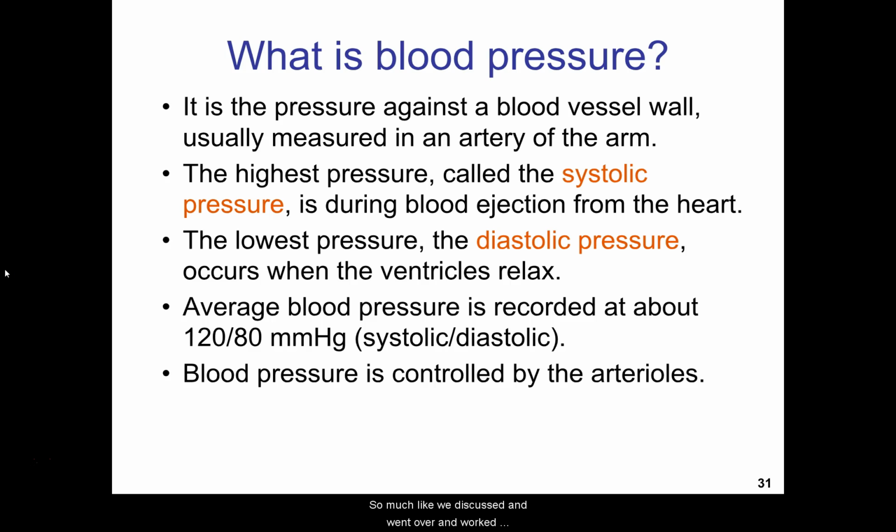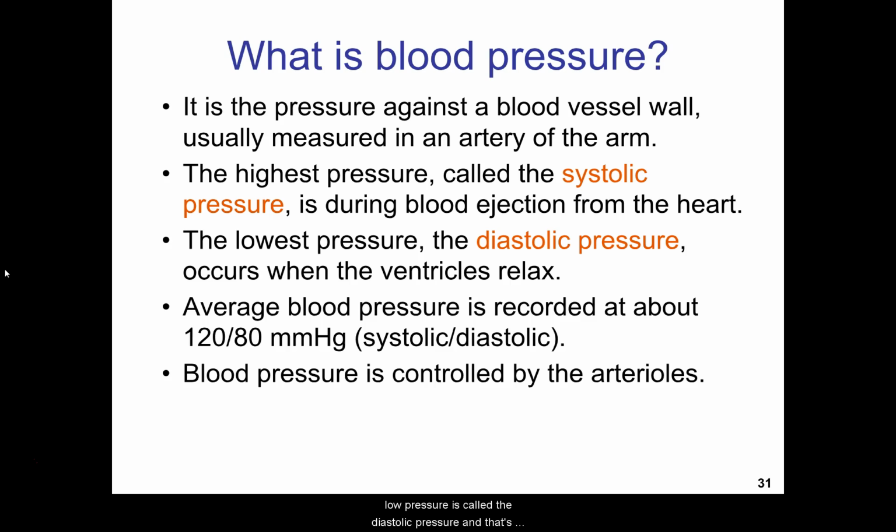So much like we discussed and worked with and studied in class, blood pressure is the pressure against the blood vessel wall, which you usually measure in the artery of the arm, just like we did with those blood pressure cuffs. The high pressure is called the systolic pressure, and that is when those ventricles are pushing blood out of the heart into the vessels of your body.